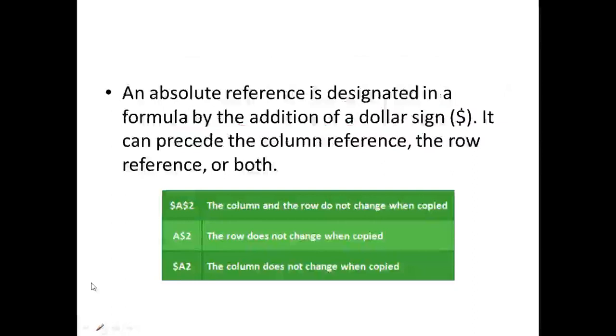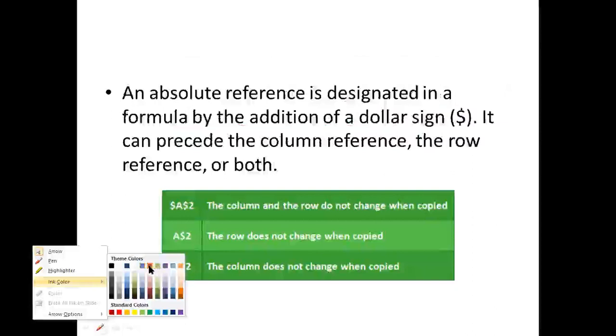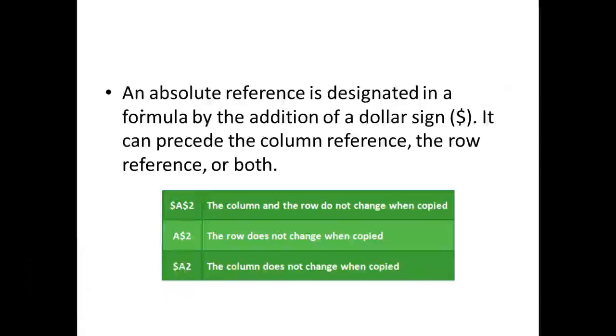there are different kinds of cell referencing that we could use. So one other thing that we have to take into consideration is that absolute cell referencing is symbolized by this dollar sign. Are you able to see that? Yes.